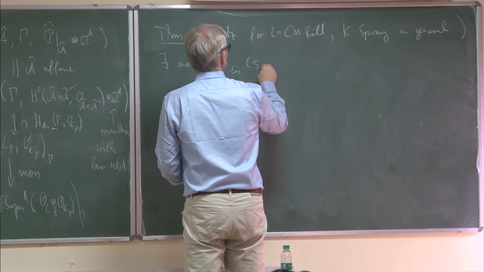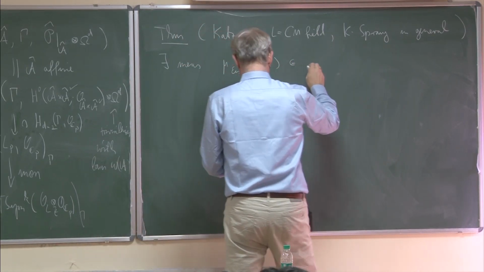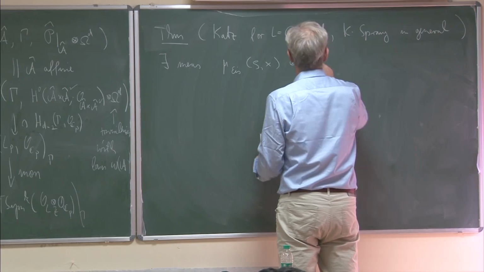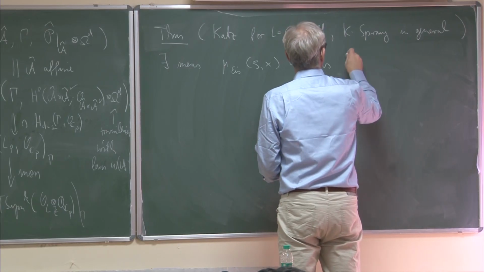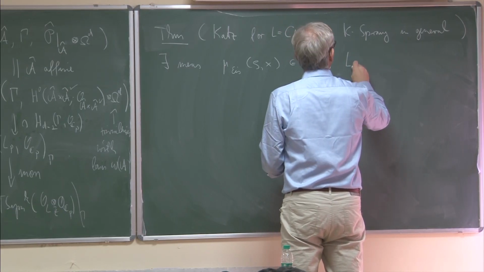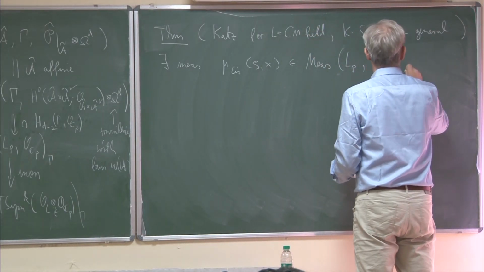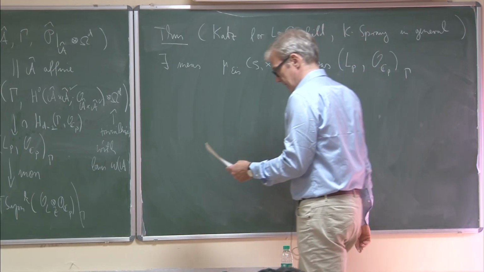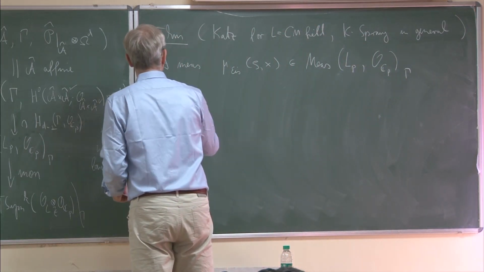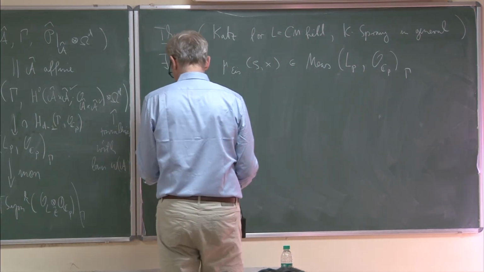Eisenstein rho x, a measure on L_p with values in O_Cp, Gamma coinvariants, such that the following interpolation formula holds.